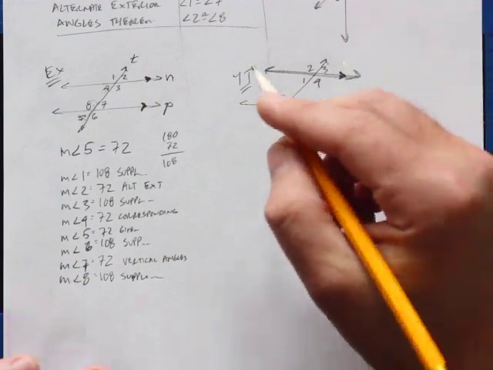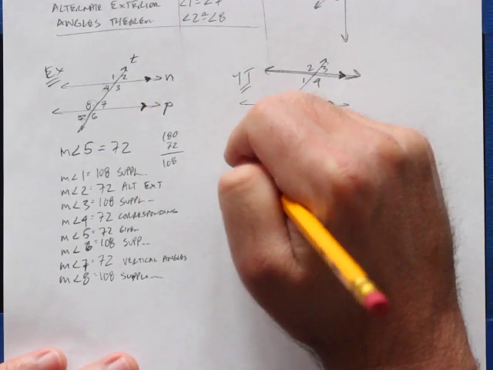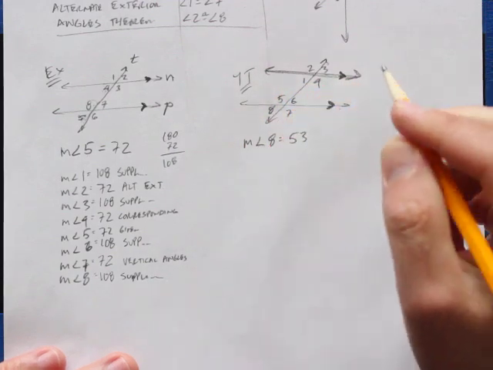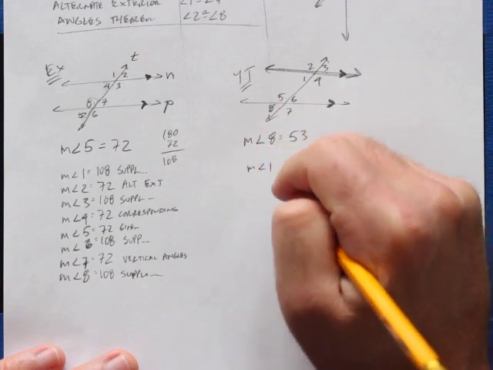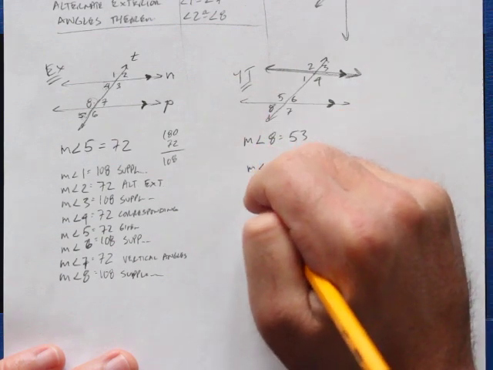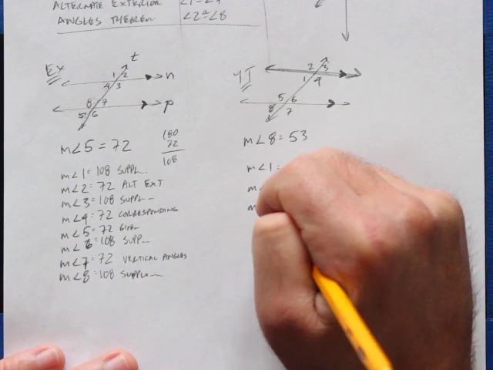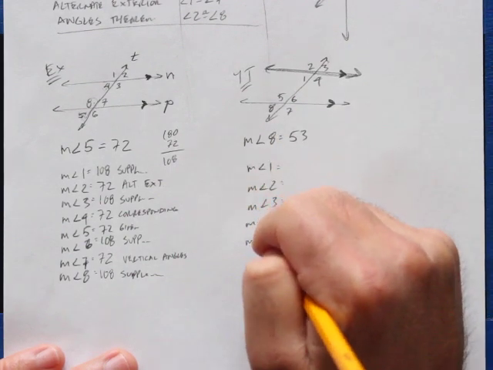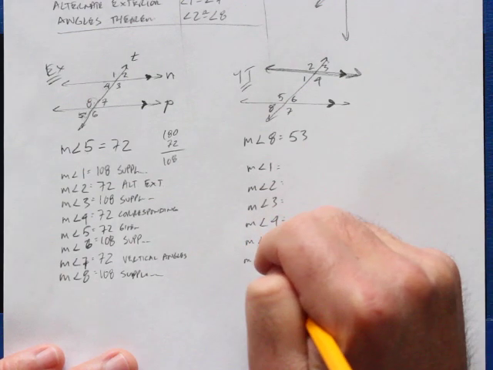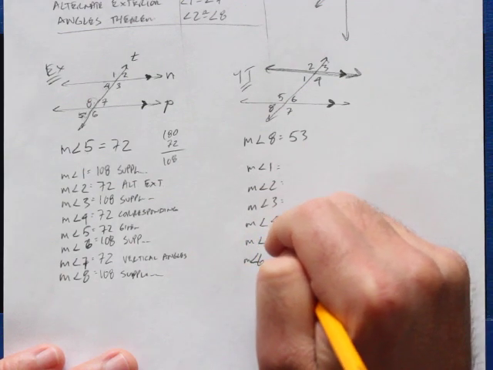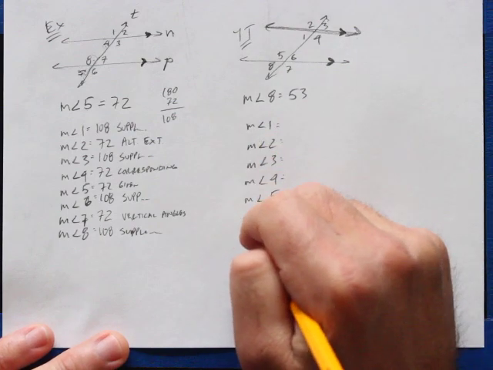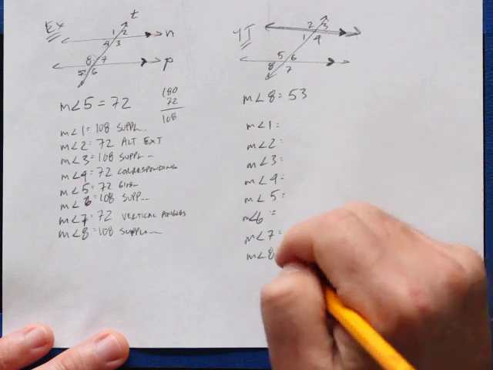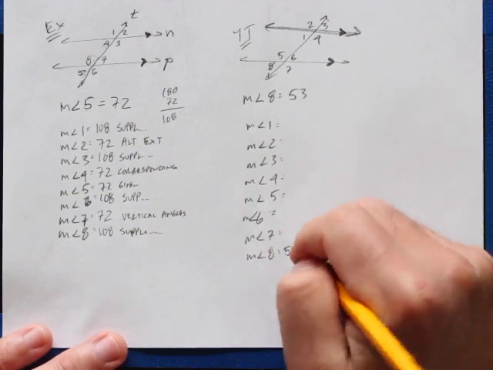So for the Utry, measure of angle 8 is 53 degrees. So I want measure of angle 1, measure of angle 2, measure of angle 3, measure of angle 4, 5, 6, measure of angle 7, and I already know measure of angle 8 is 53, and that's given.